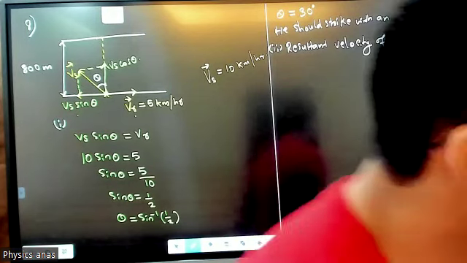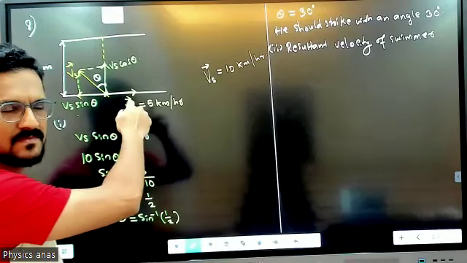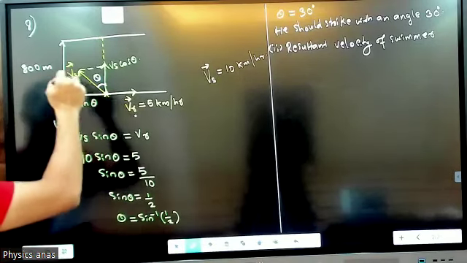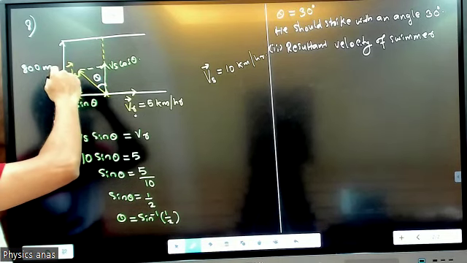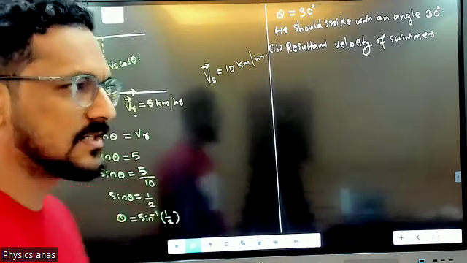No, Vr is the velocity of river. And Vs is the velocity of swimmer, but not his resultant velocity.